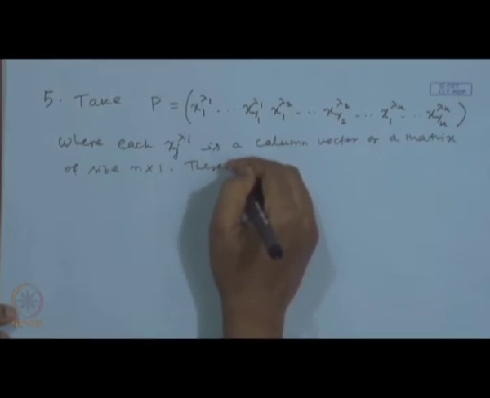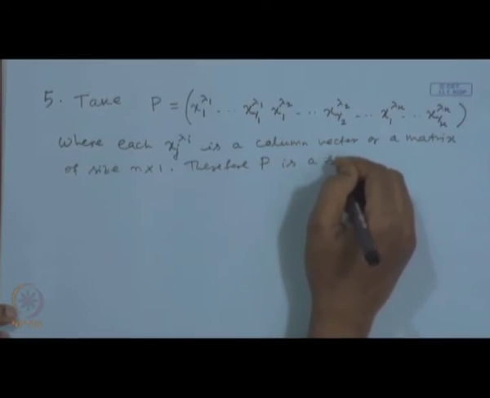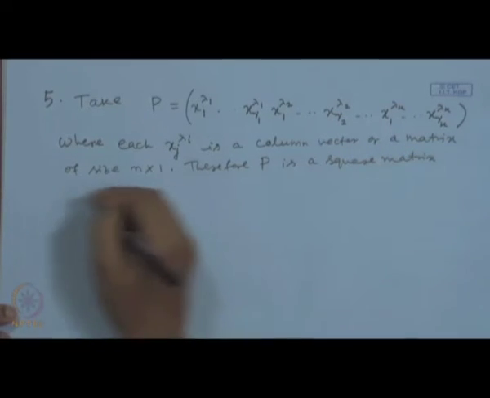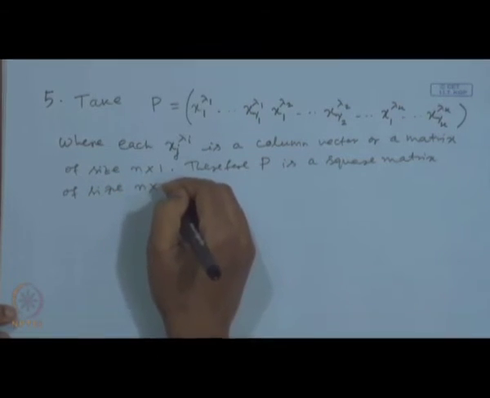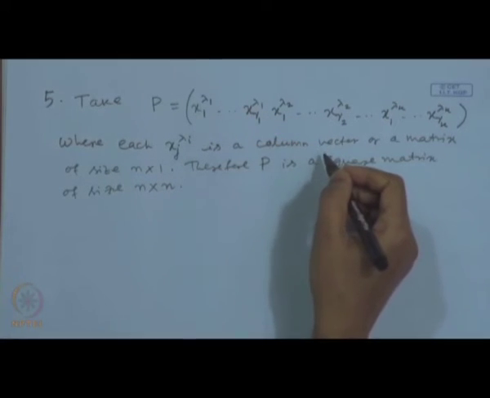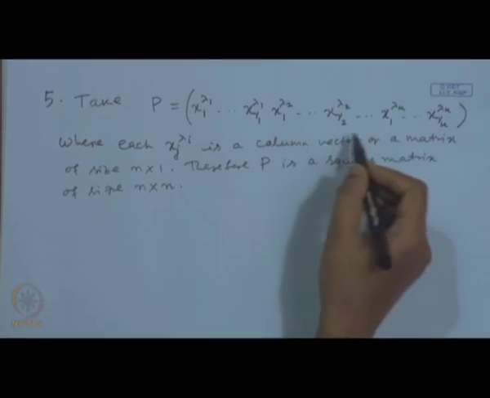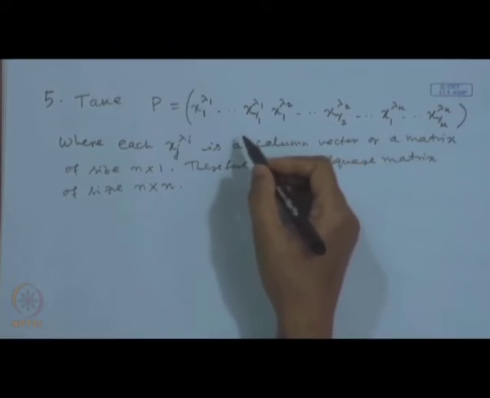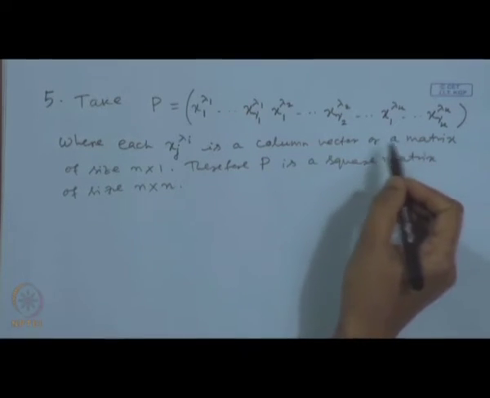Notice that P is an invertible matrix because all the columns in P are linearly independent, and hence the rank of P is equal to n, and therefore it is invertible.